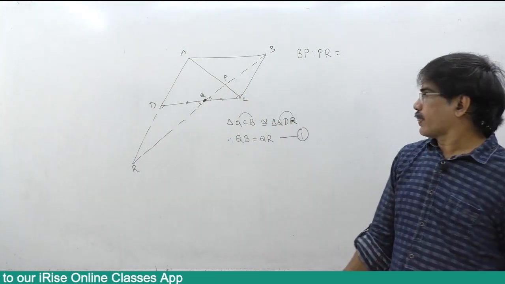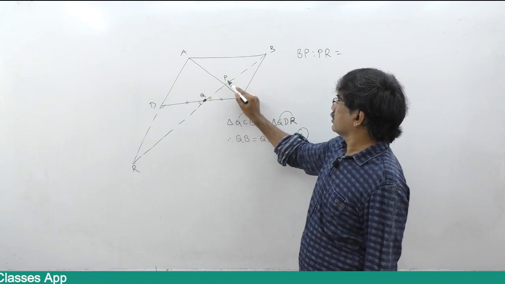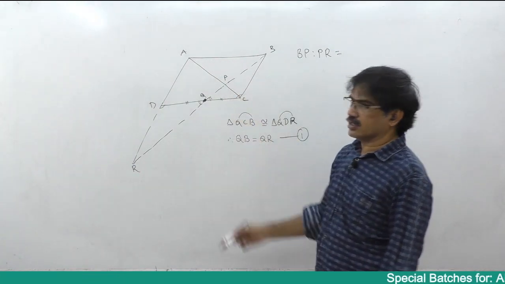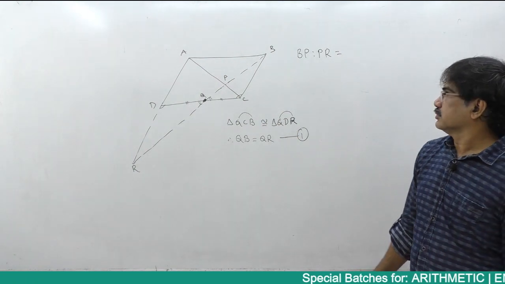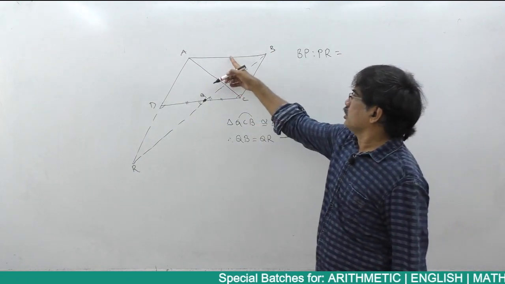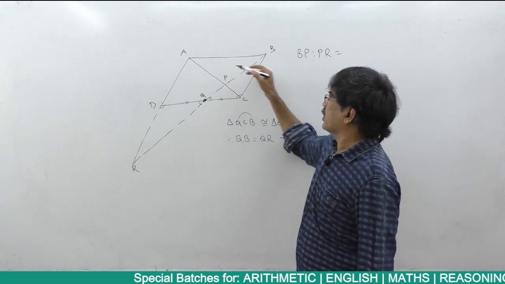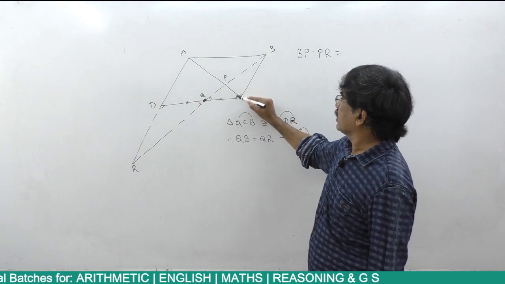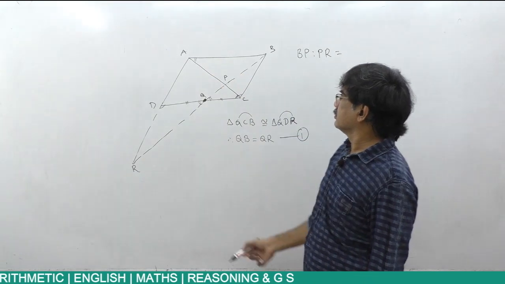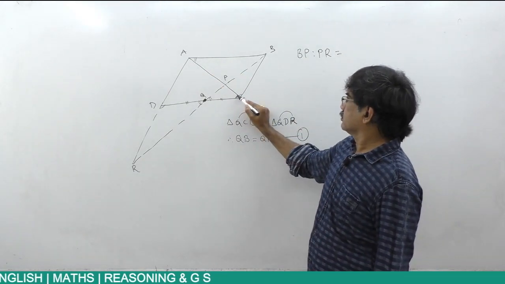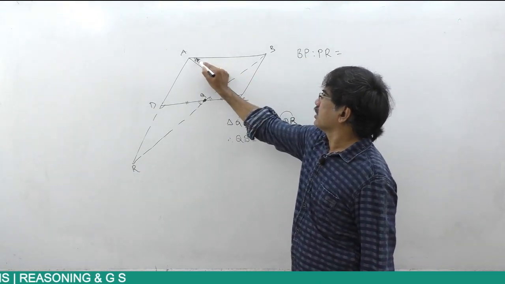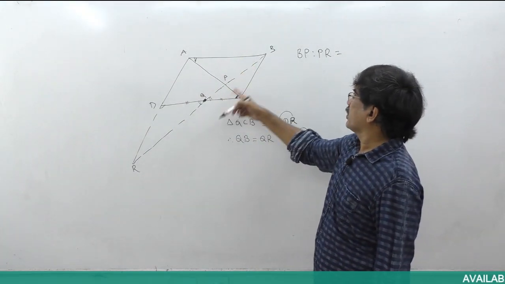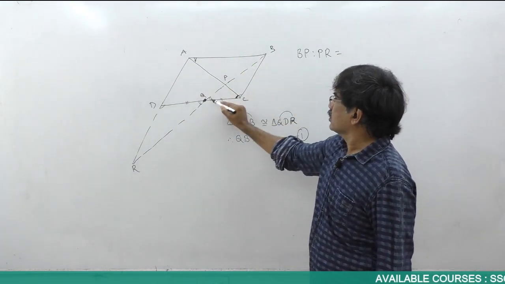Next, consider this PQC triangle and PBA triangle. These two are parallel lines. Consider this as a transversal. So this angle is the same as this angle. This angle is the same as this angle. Similarly, these two are parallel lines. Consider this as a transversal.